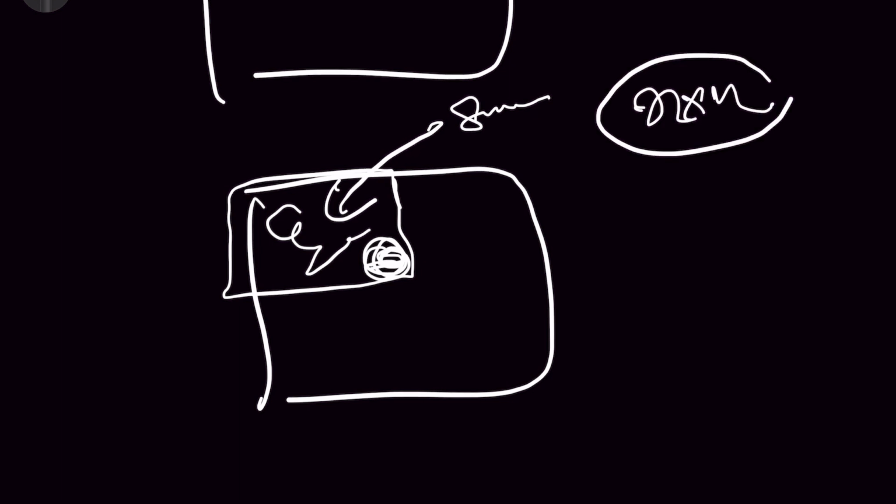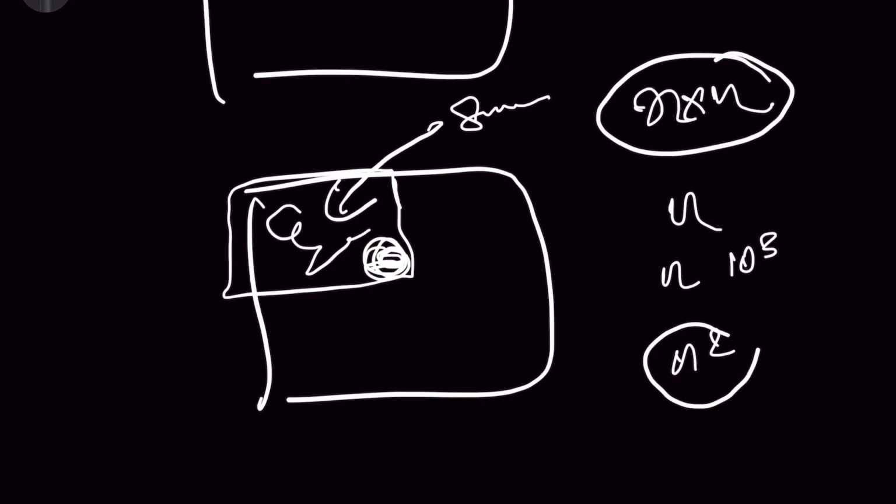You cannot traverse again in the grid, because then the time complexity for traversing each and every cell will be n cross m only. So you cannot afford more time complexity. The constraint for n is up to 10 to the power 3. So n square is acceptable, but n cube would not be an acceptable solution, or n to the power 4. So n square is the maximum acceptability.